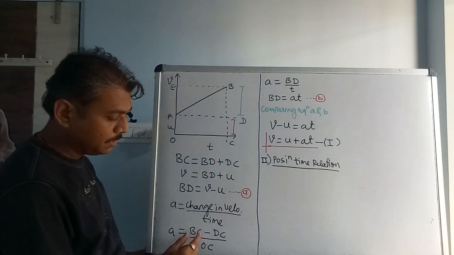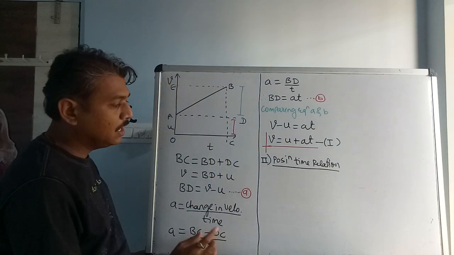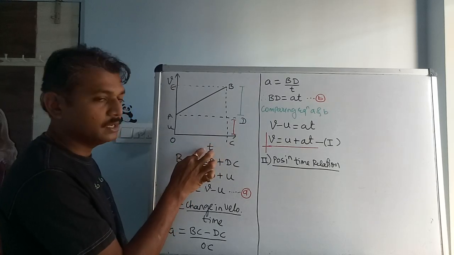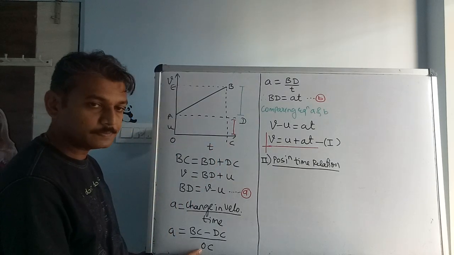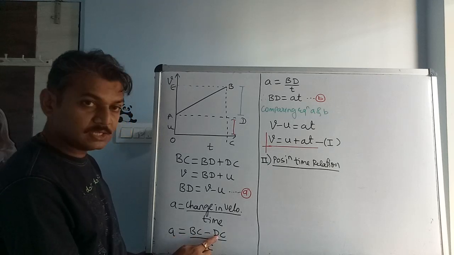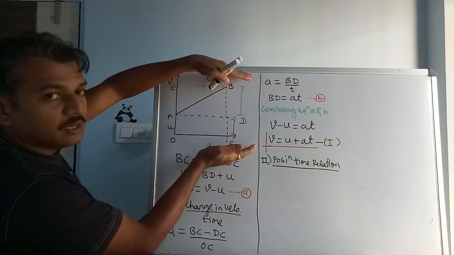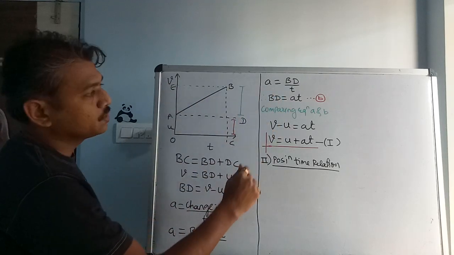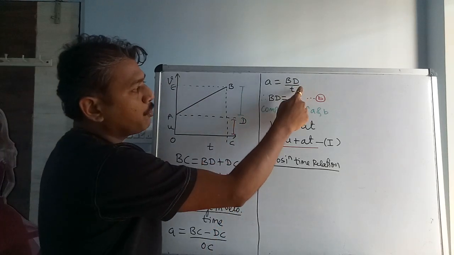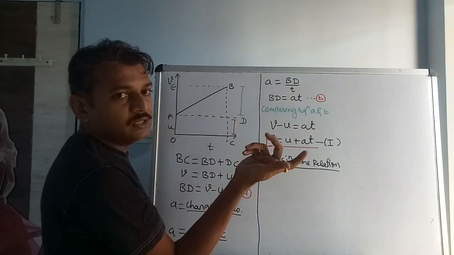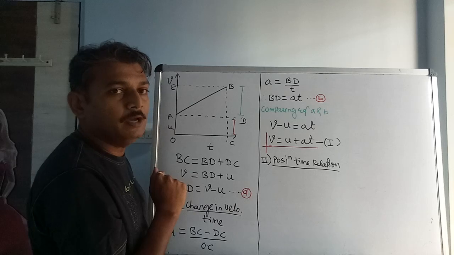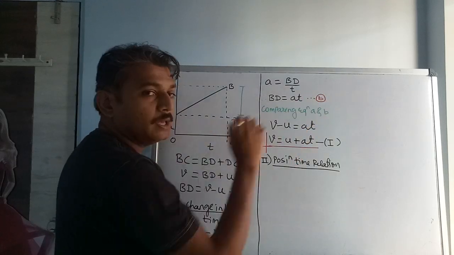That's what I have written here. BC minus DC upon time. Time means OC. OC is represented time. So I have written here BC minus DC, this is BC, and if we subtract DC, what will be left? BD will be left. So here BD upon T. Rearranging this equation in the form of BD, BD is equal to AT. I am mentioning this equation as small b.